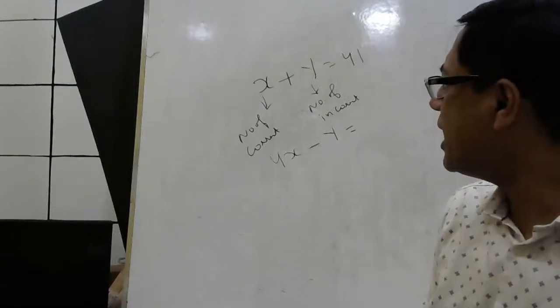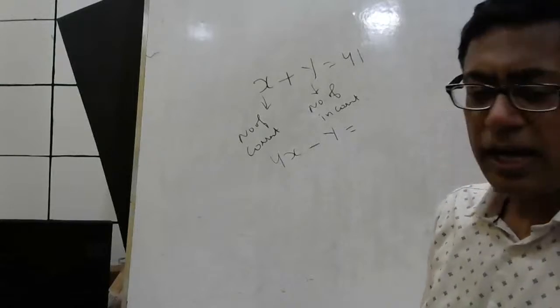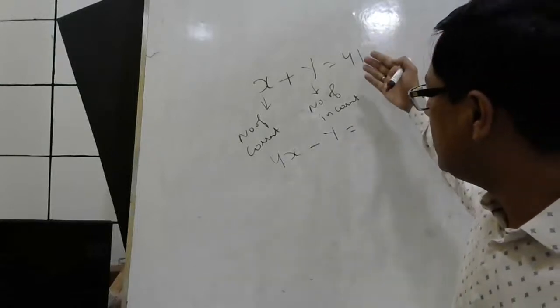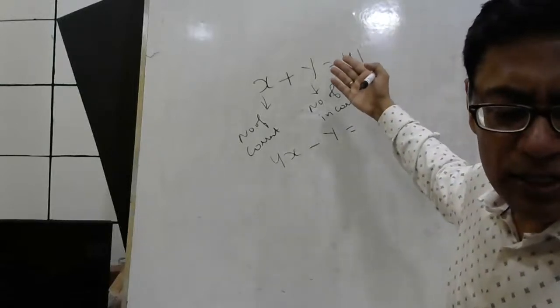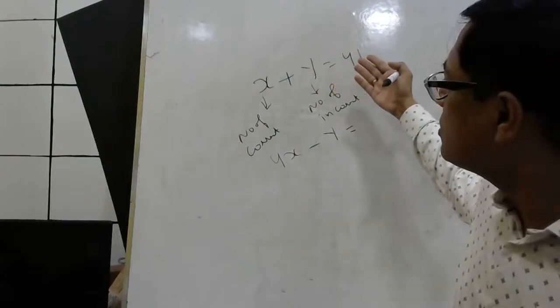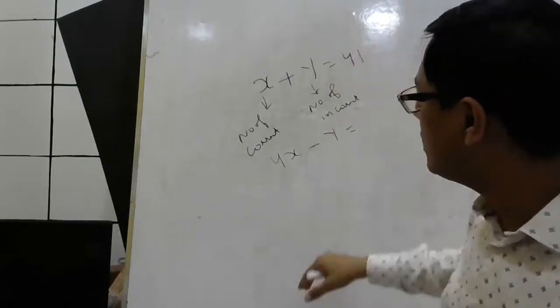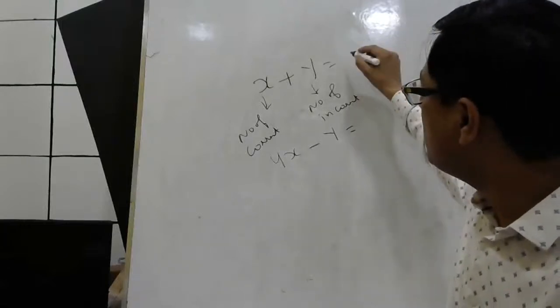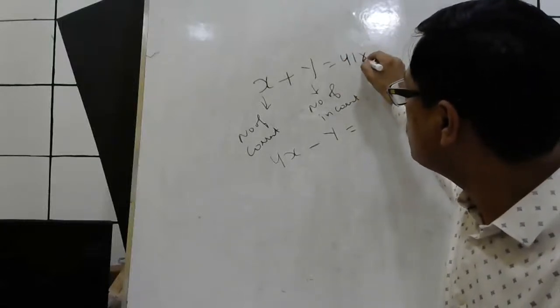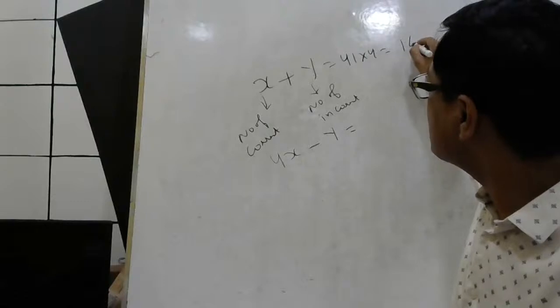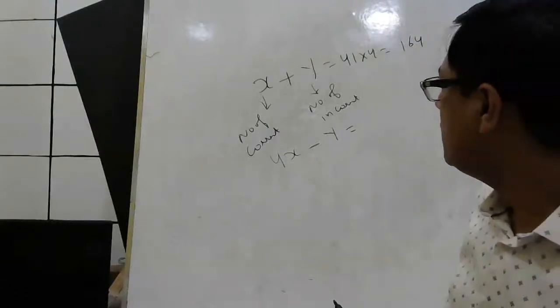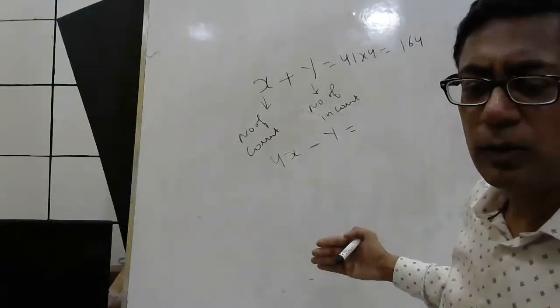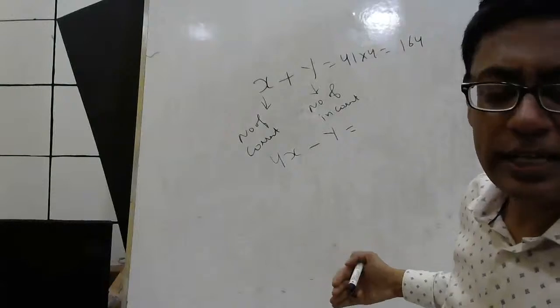Now let us look at first, because the question is about IQ score. So I am putting first an IQ score here and I'm saying that x plus y is 41. So 41 into 4, which is 164, right? Now let us look at first option, which is 219.